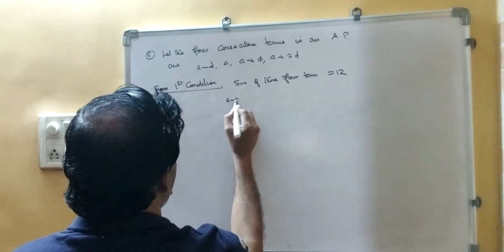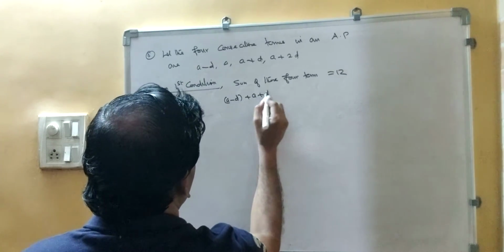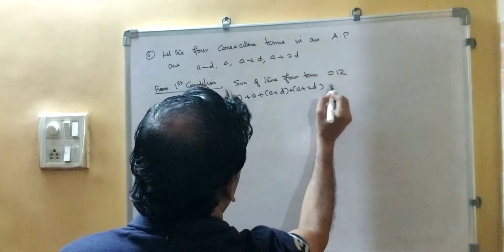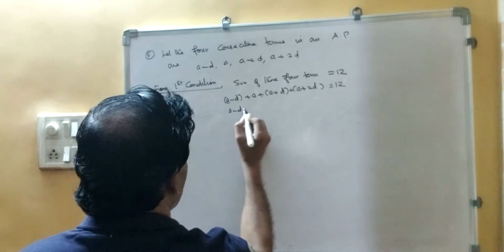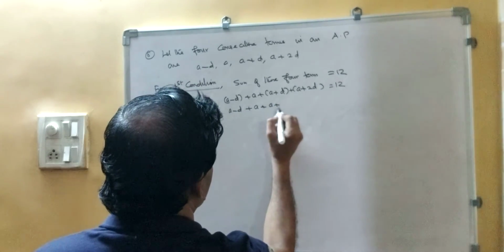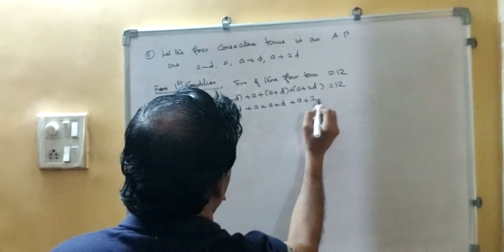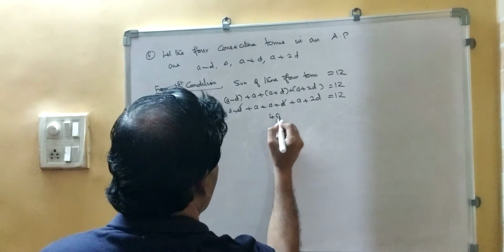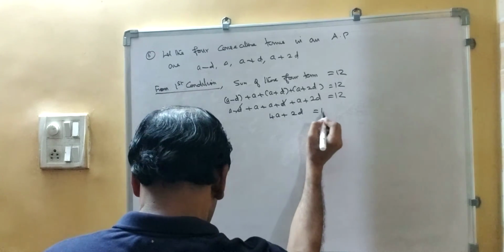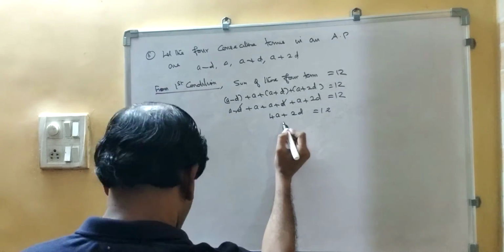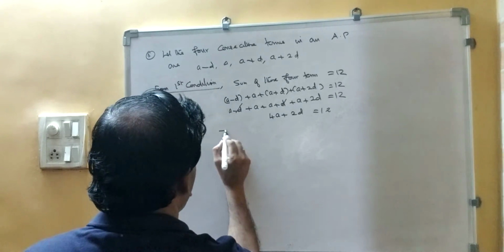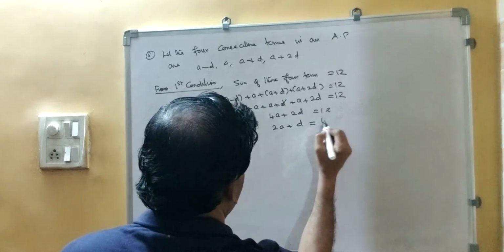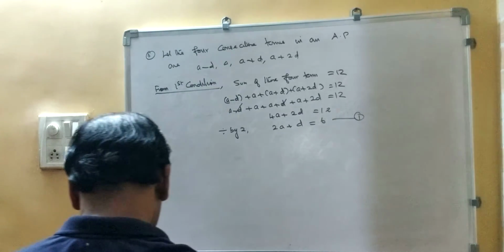So, we will sum A minus D, A, A plus D plus A plus 2D equal to 12. So, remove the bracket. A minus D plus A plus D plus A plus 2D equal to 12. What will get cancelled? So, how many A's are there? 4A plus 2D equal to 12. So, again you can take common 2. Dividing by 2, 2A plus D equal to 6. This you will get as one equation.